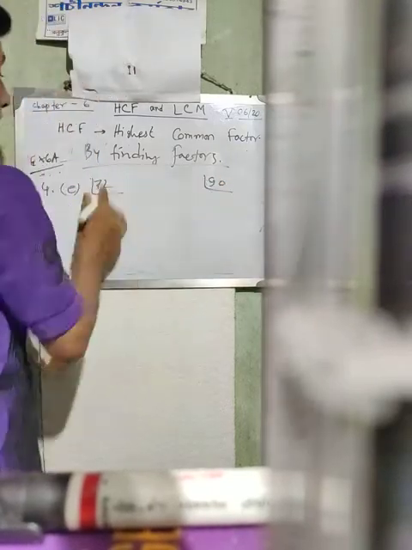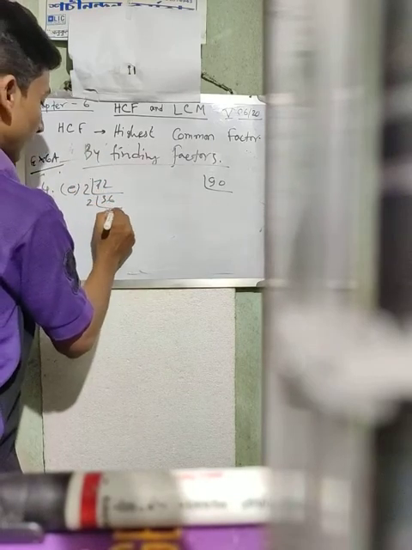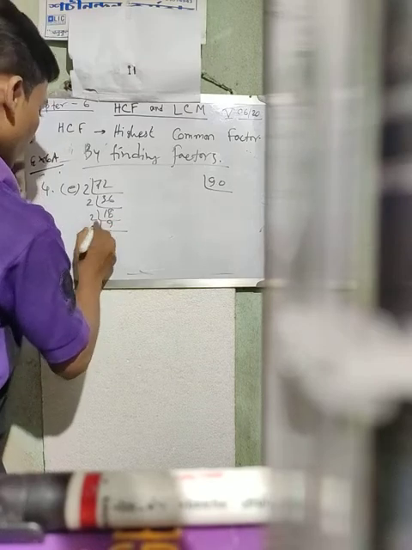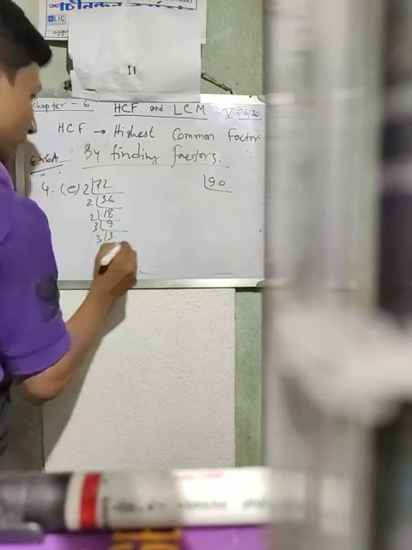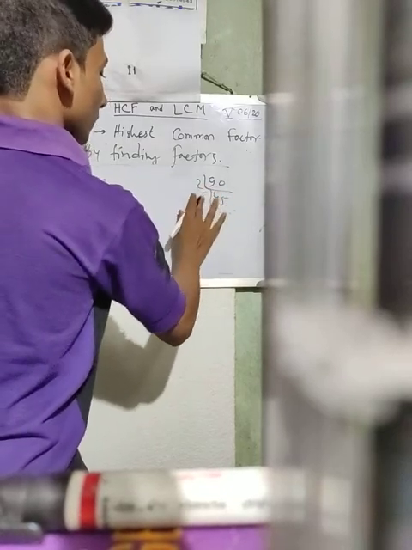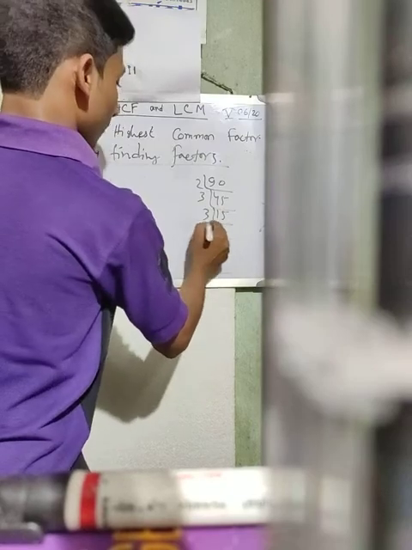So we can find the factors: 2, 36; 2, 18; 2, 9; 2, 3; and for 90: 2, 45; 5, 3, 15; 3, 5; 5, 1.